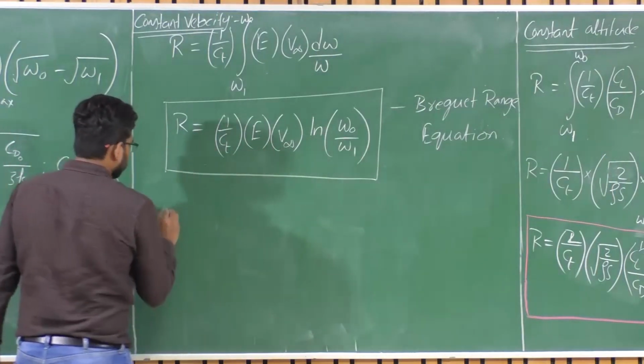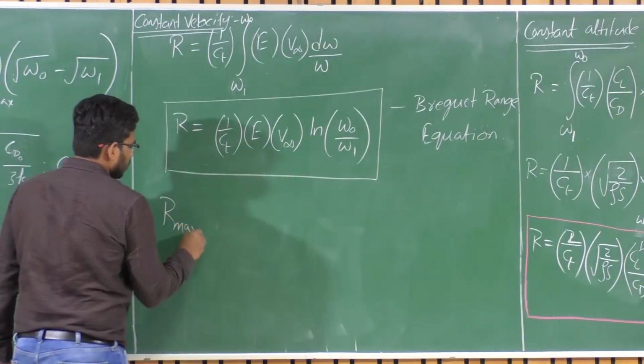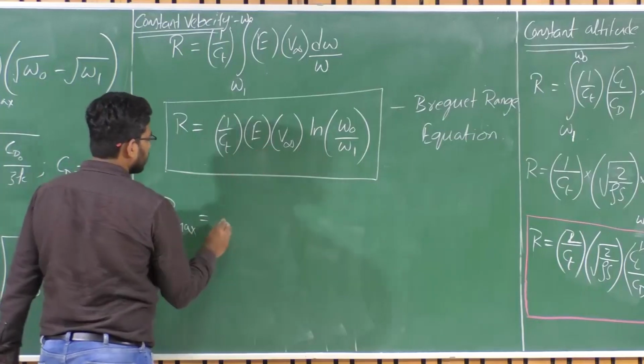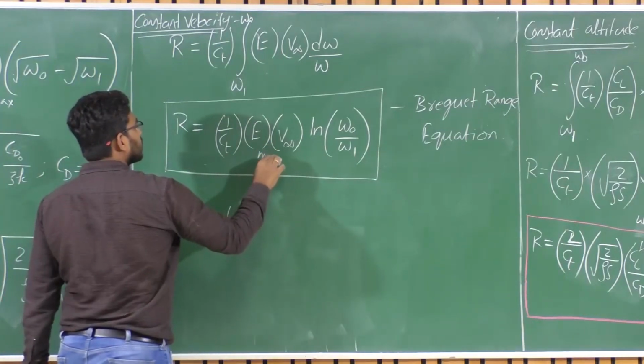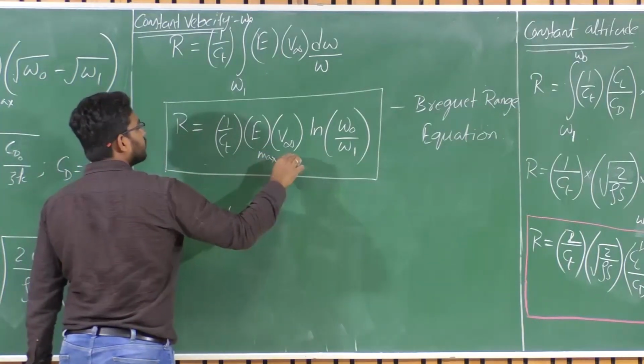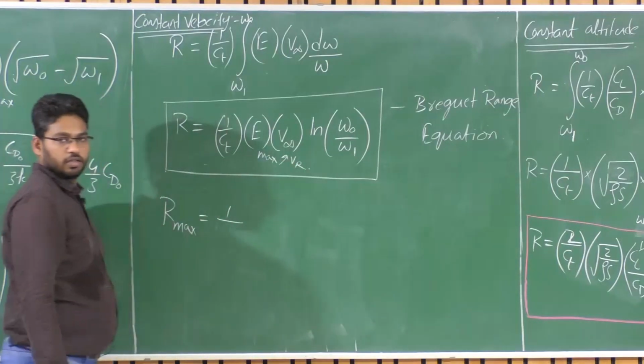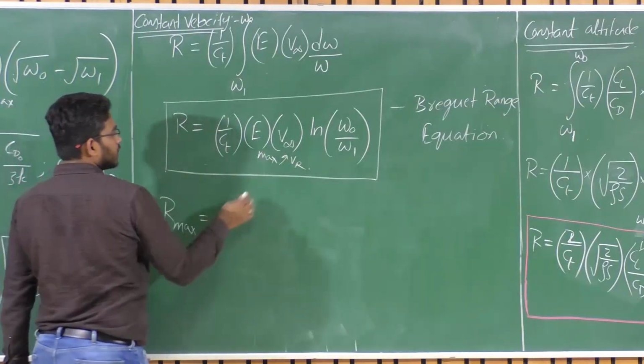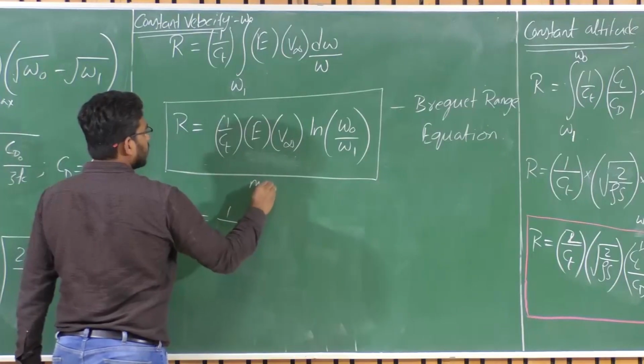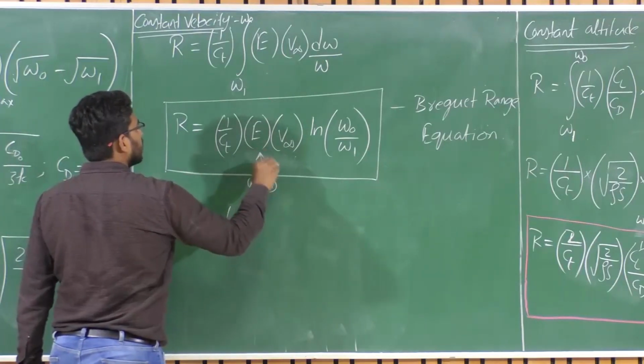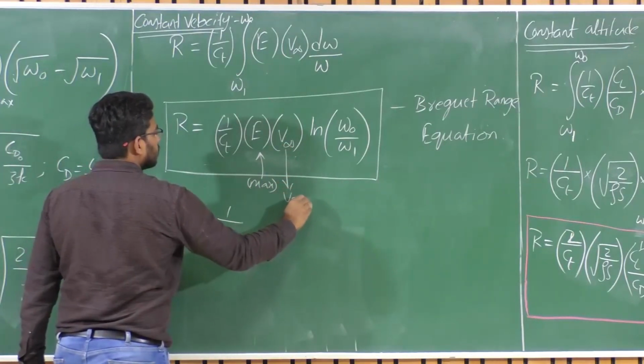The maximum range that you can achieve from this Breguet range equation is when E is maximum. When E is maximum, V infinity becomes VR, right? It has to become maximum, so this value turns out to be VR.